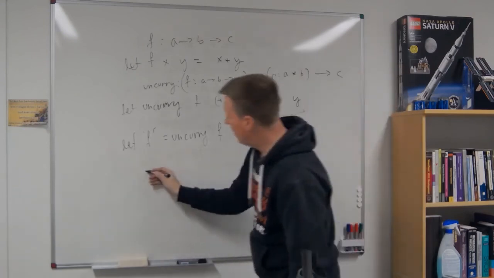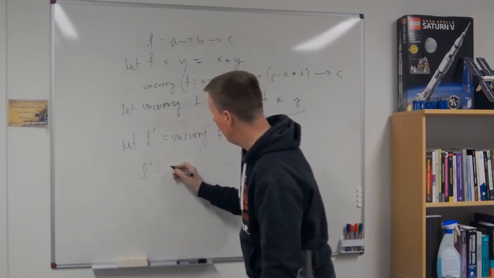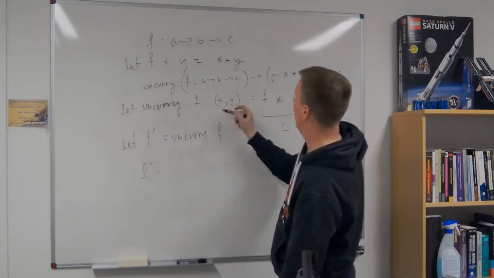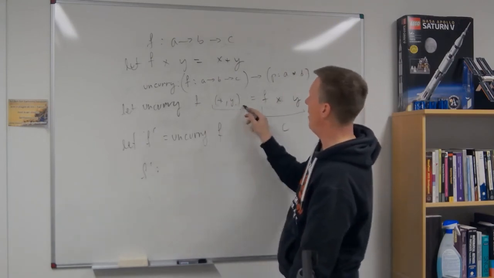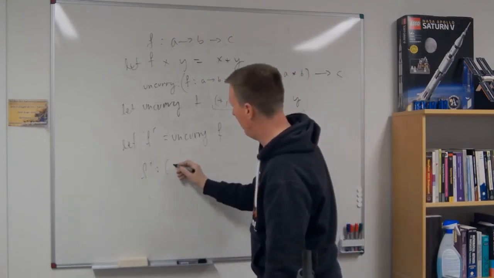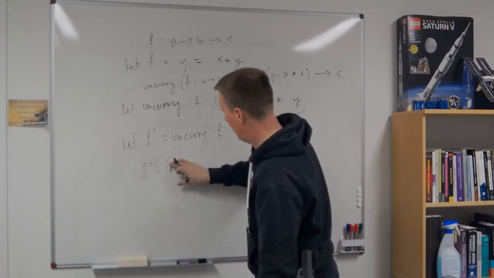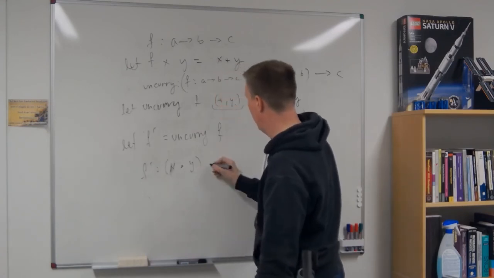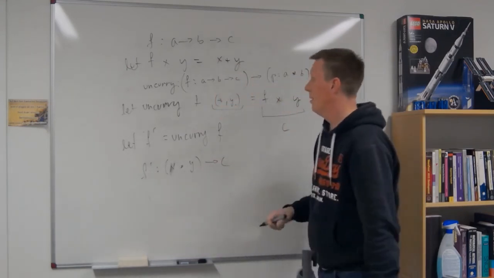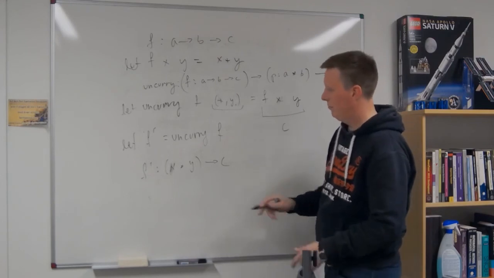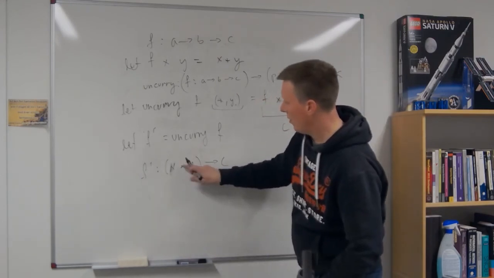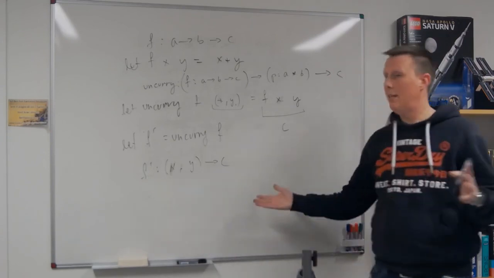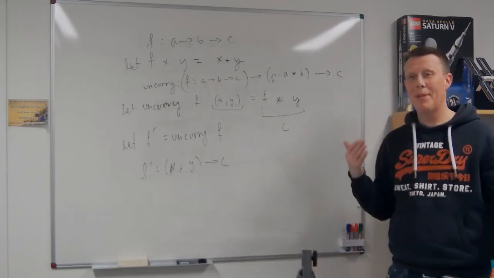So the type signature of this f prime would be simply, here's the pair I didn't apply yet, the pair of x y to c. So you use a star to mark a pair, but this would be like the tuple. Yes? And that's it. So now we've implemented curry and uncurry.